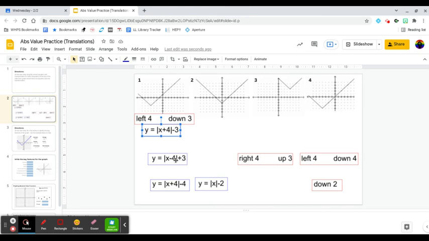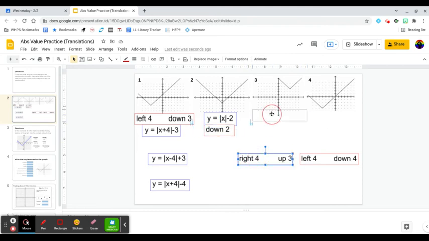From here, the next one looks like it went down 2. So the equation should be absolute value of x with a -2 on the outside. The next one looks like it went to the right 4 and up 3.